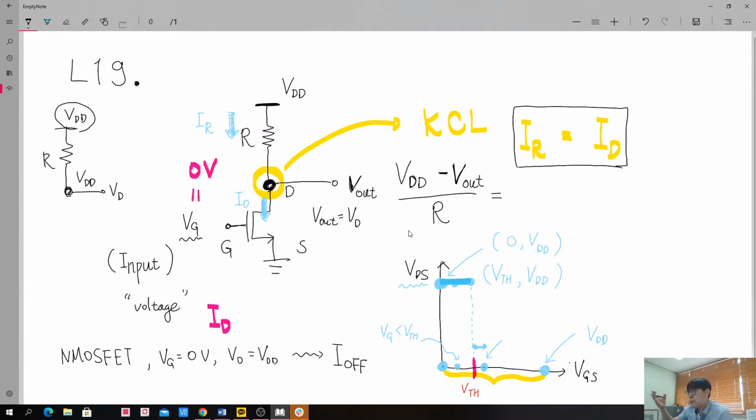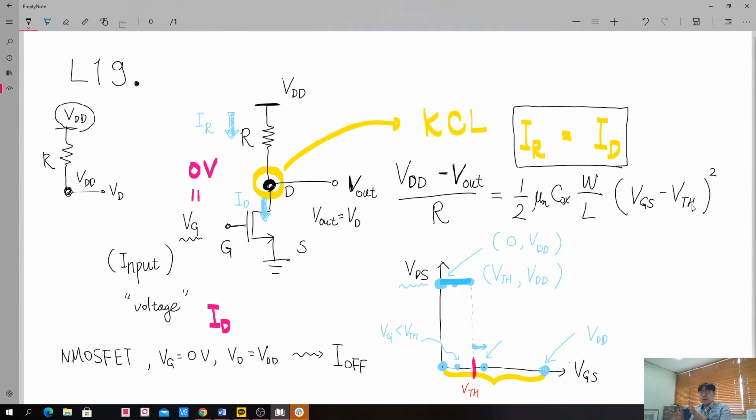But for the right-hand side form, ID, we have to consider the non-linearity of our transistor. But now we know that this transistor is working in the saturation region, so that's the reason why we can safely write down in this way: half of mu n C ox W over L, and here now we have something, but that something is simply given by VGS minus VTH.